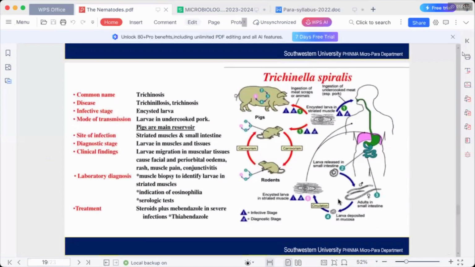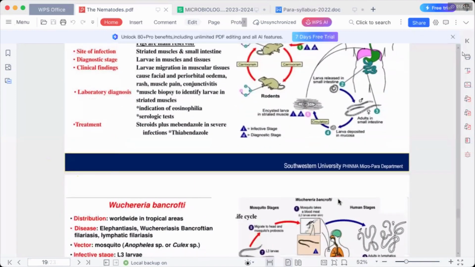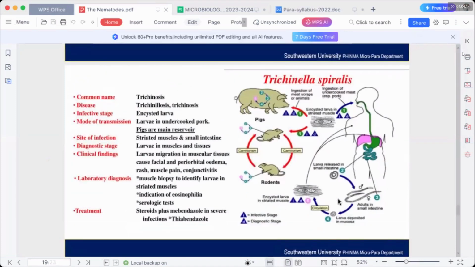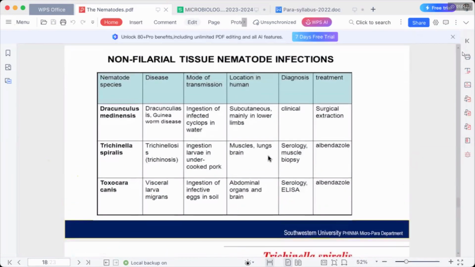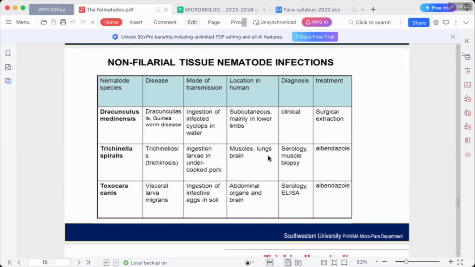So let's focus on Trichinella. Why Trichinella? Because it is more common and more widely encountered as a tissue nematode compared to the other two.